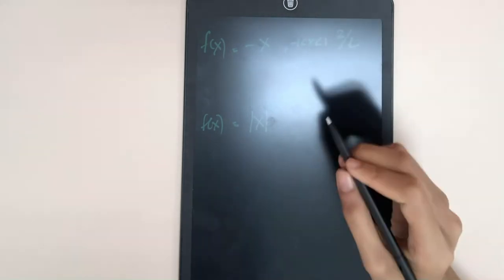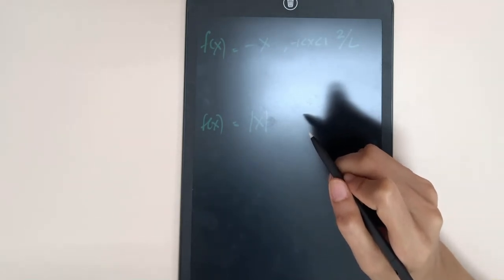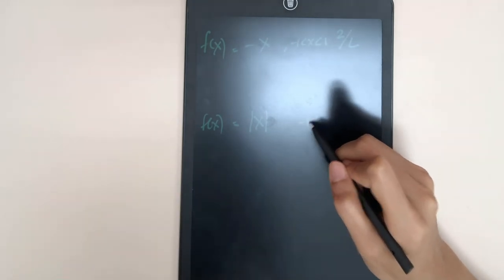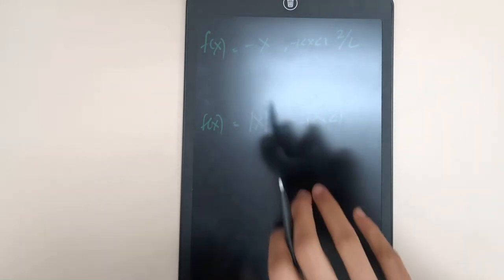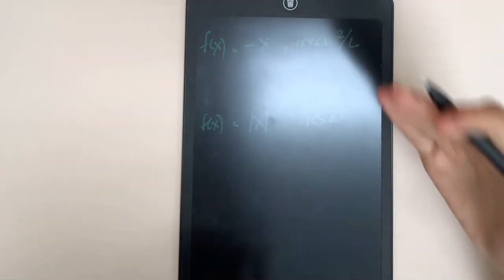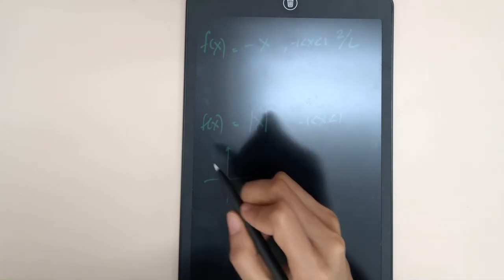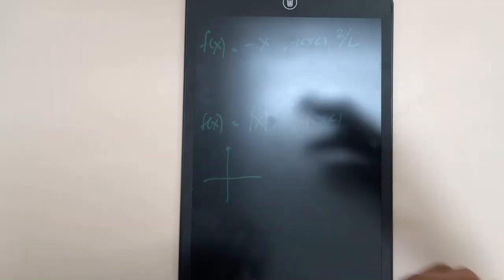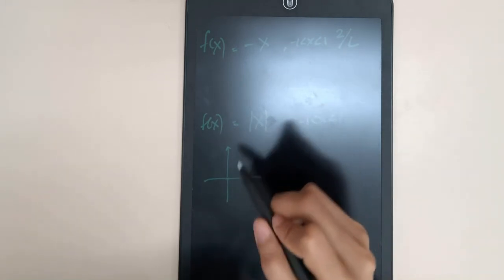For modulus x, the second example, the interval is -1 to 1. But we know that modulus means there are two values, positive and negative. In my video, I use a graph to find out whether this one is odd or even.